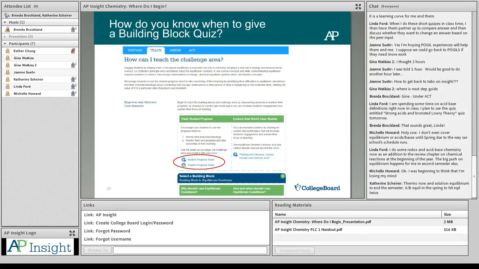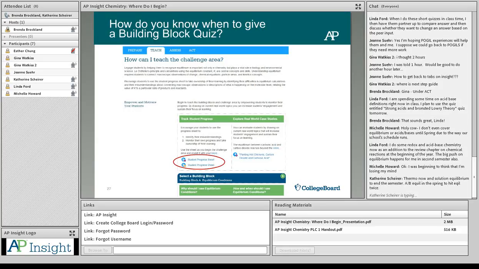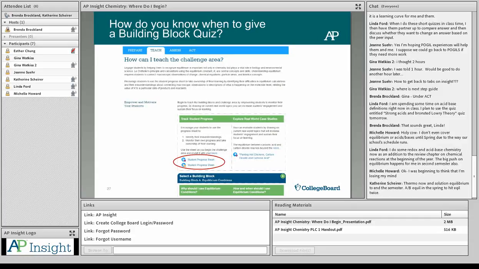So when you hand them the student progress sheet a little earlier in the unit, you can find out if they've taken a chemistry course before, what they remember. You could do it later in the unit and find out what they understand so far. I know some teachers have said that they're bringing it up little by little through the unit so that they keep going back to some of them.